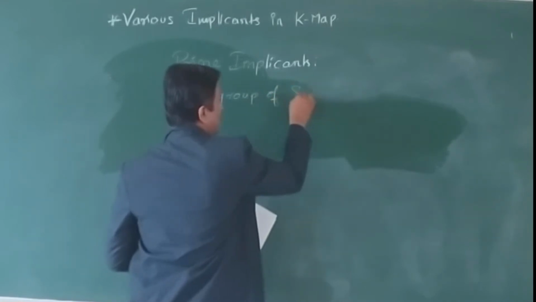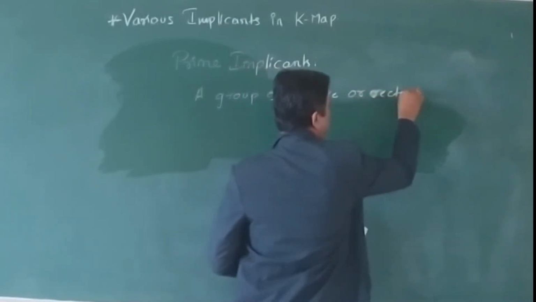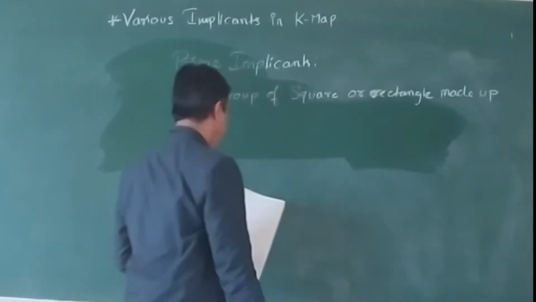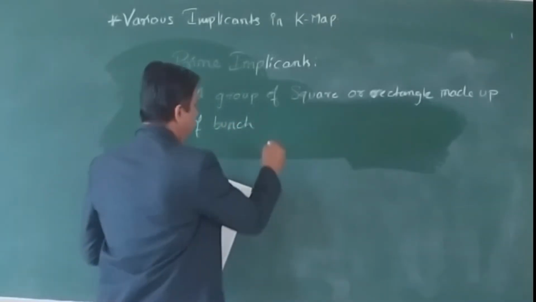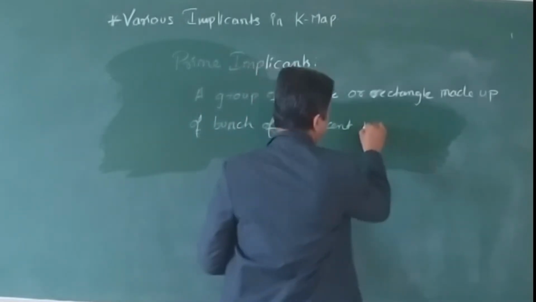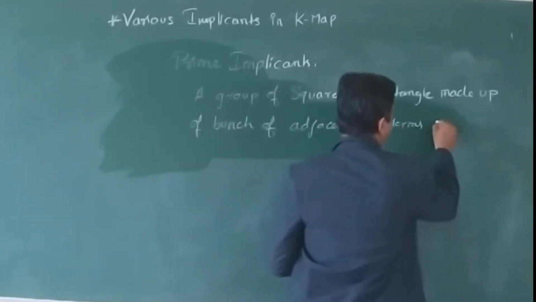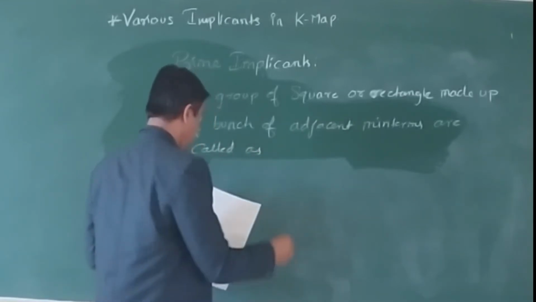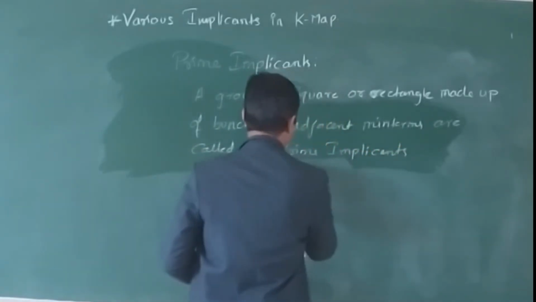A group of square or rectangle made up of a bunch of adjacent min terms is called a prime implicant.